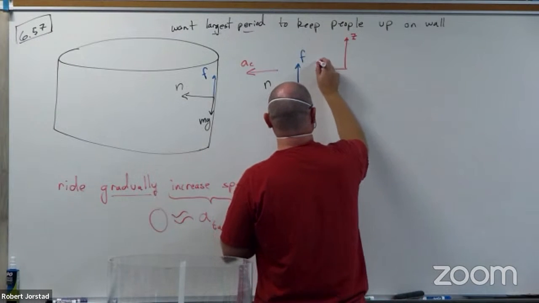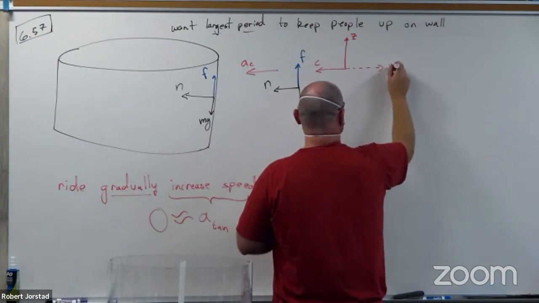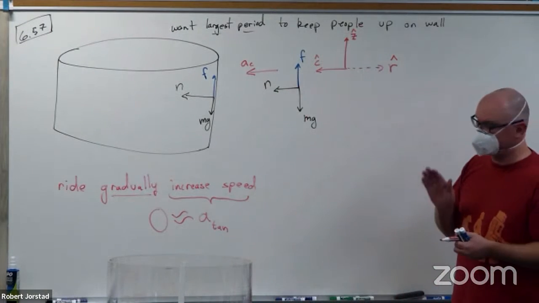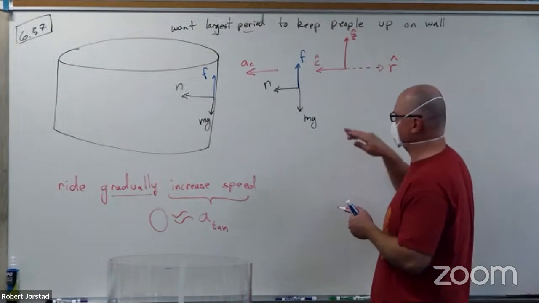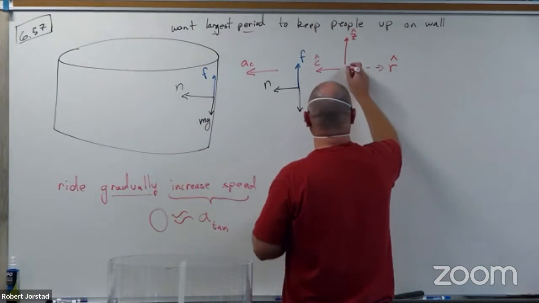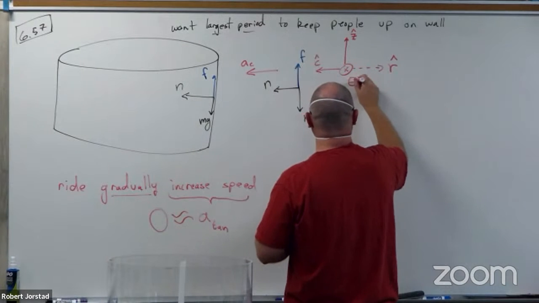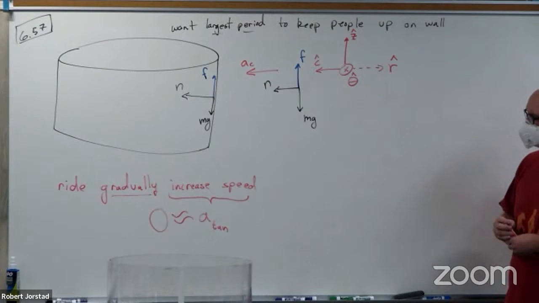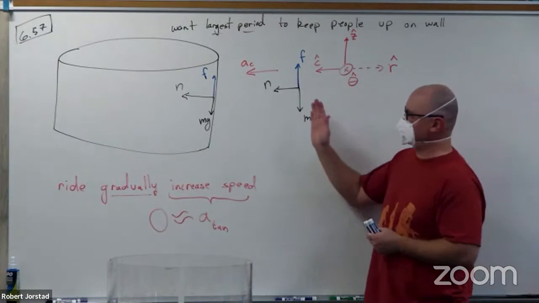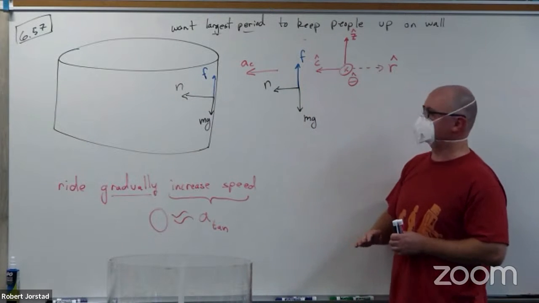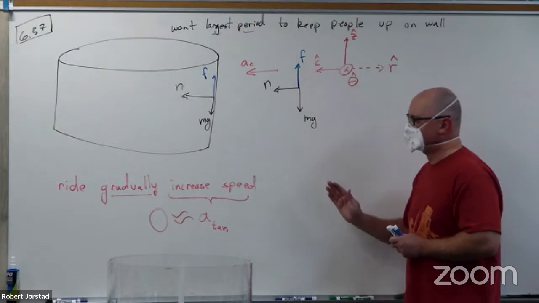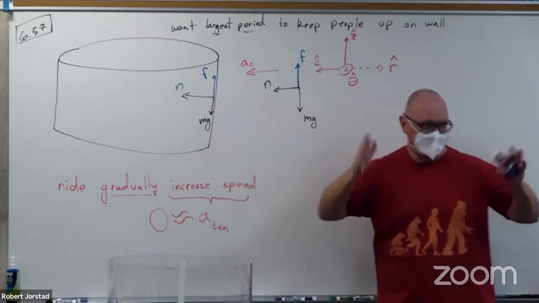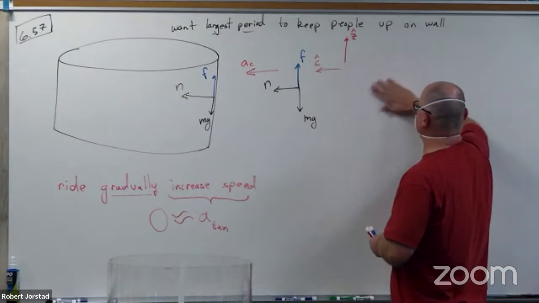This direction I could call centripetal, r hat. Tangential to the curve would be into or out of the page, so that would be theta hat here. Now, we're not going to spend all day on this. The point being, if you're wondering why I'm not using theta hat for this direction, even though it's tangent to the circle, it's not tangent in the direction of motion. Got that? Whatever. So I'm going to erase these and not even talk about it anymore.